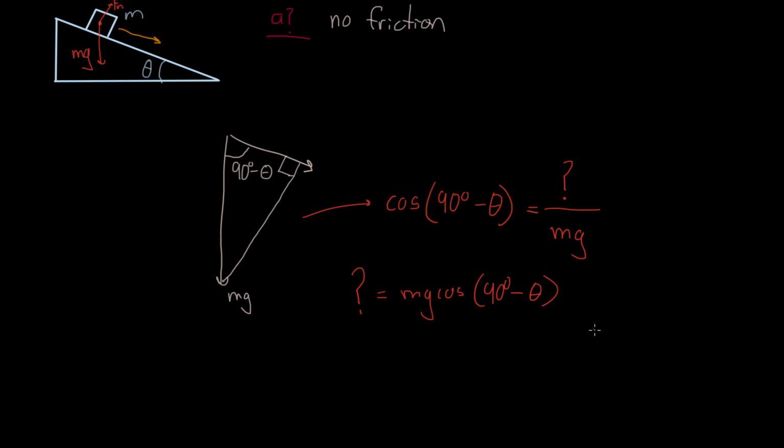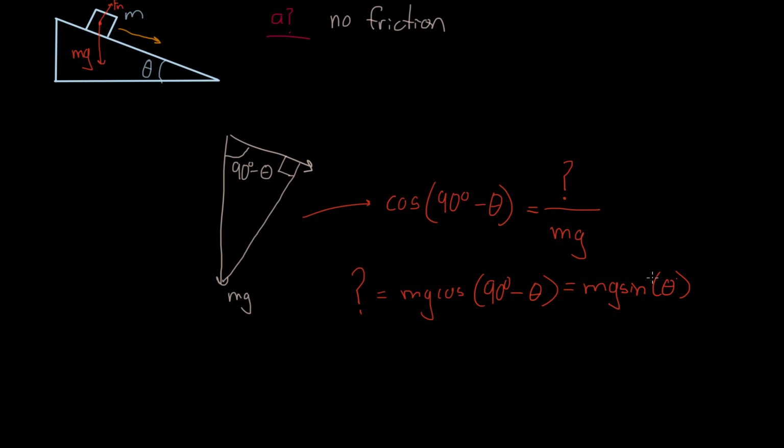Because if you remember from your trigonometry or algebra 2 classes, 90 minus an angle, if you put this into a cosine, is equal to just that angle in terms of sine. So this is really just equal to mg sine theta. This is because complementary angles work this way: the cosine of one angle is equal to the sine of its complementary angle.